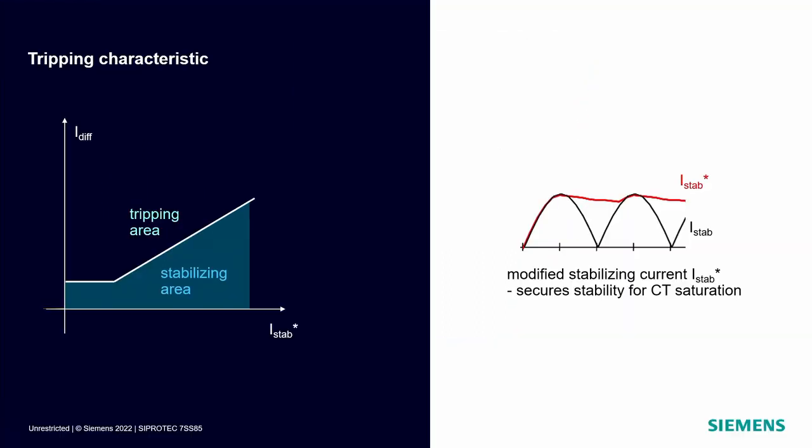The device will be in the stabilizing area if we are below the characteristics, and the device will trip if we are above the characteristics. And important, on the x-axis, we always have to think about the modified stabilization current and not the calculated stabilization current. We will see later in the examples how important this is.